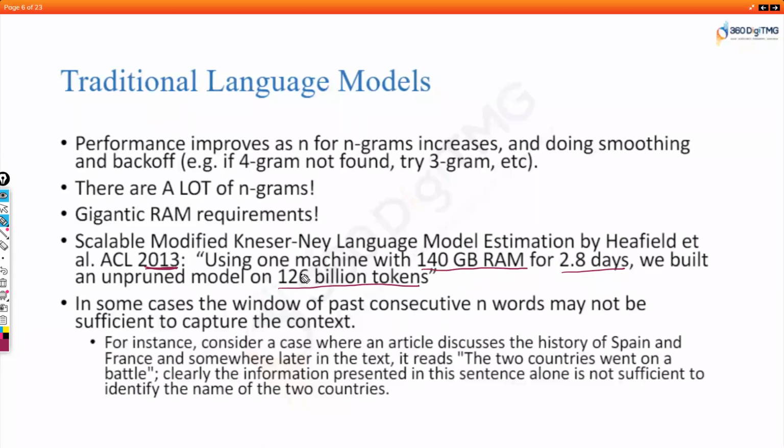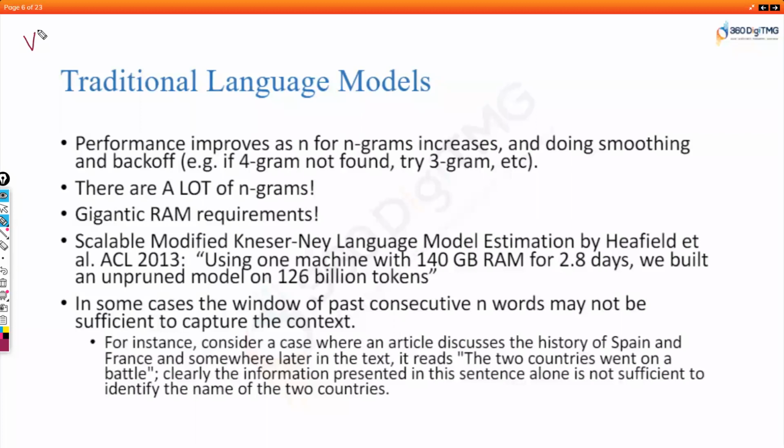To handle 172,000 words, and even if you go with a 4-gram model, meaning multiply 172,000 four times, that would be a huge amount, and processing that much data requires gigantic RAM. That much memory doesn't exist, right? So that is one key drawback of traditional language models.